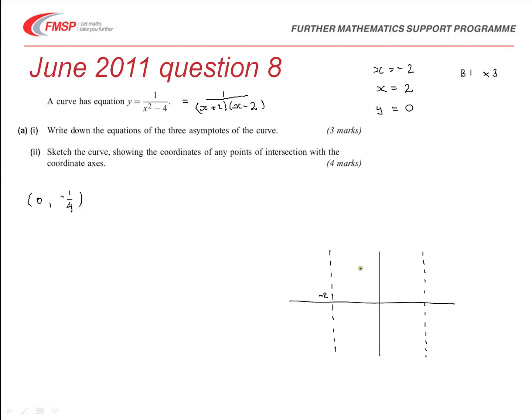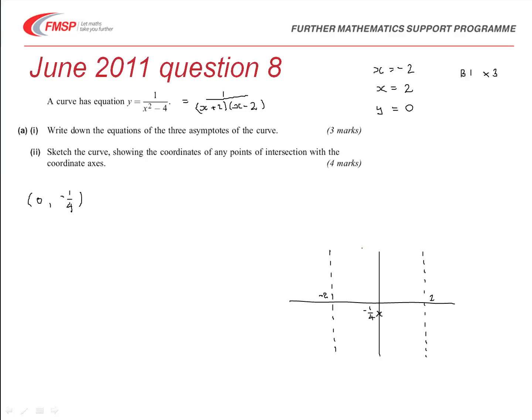So we know that we have a point of intersection at this point on our graph of negative 1/4. Okay, so we clearly mark those in.